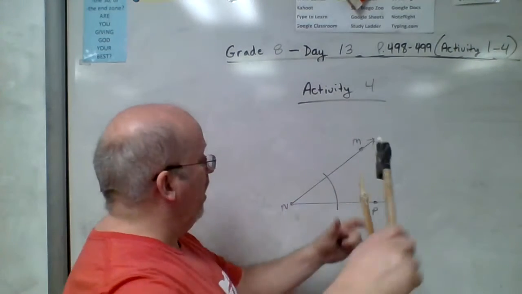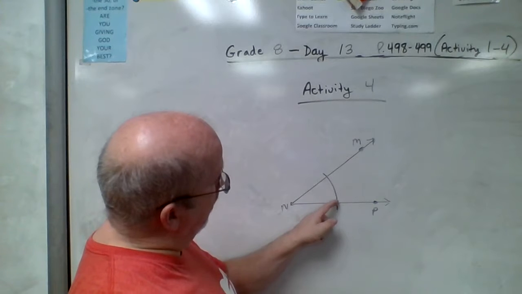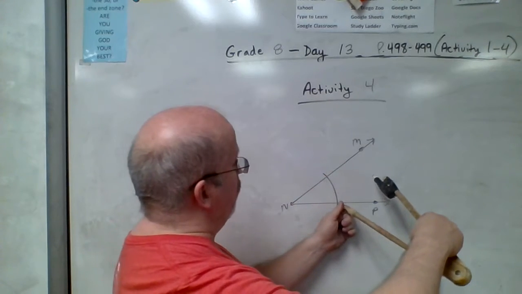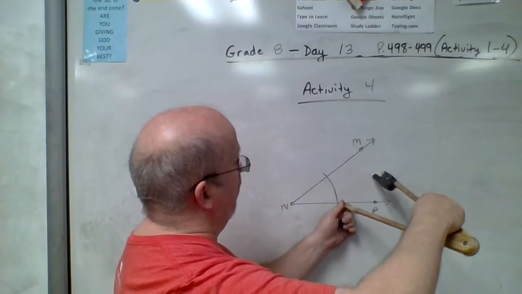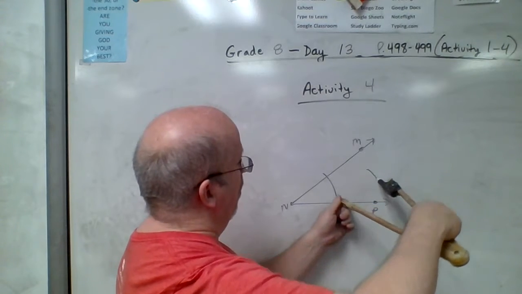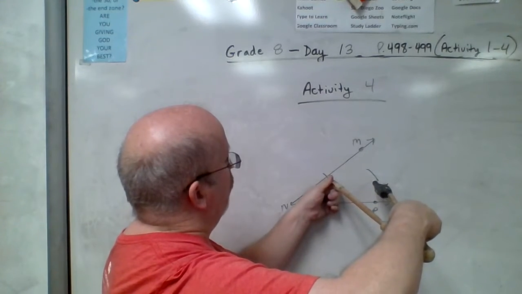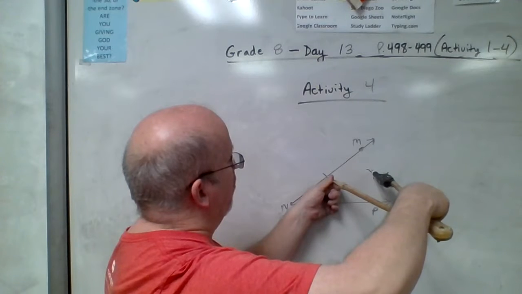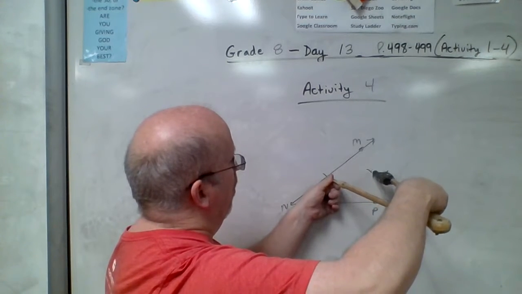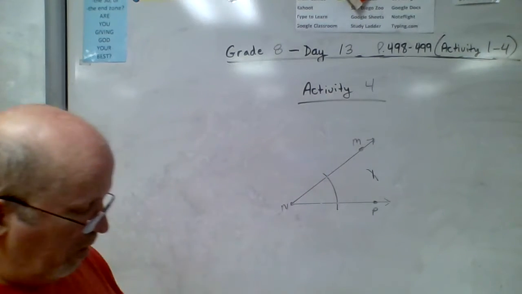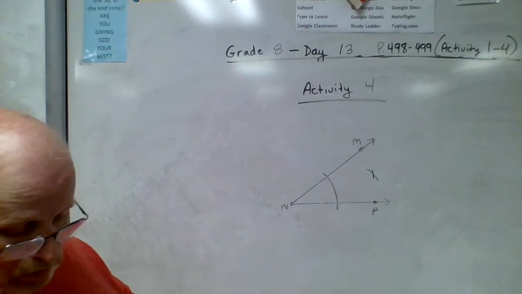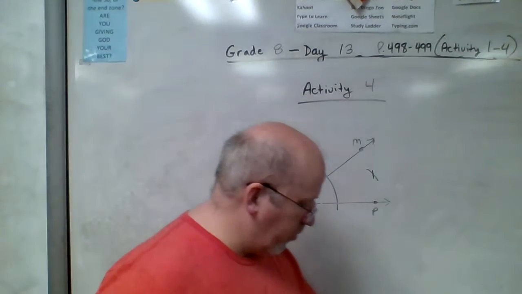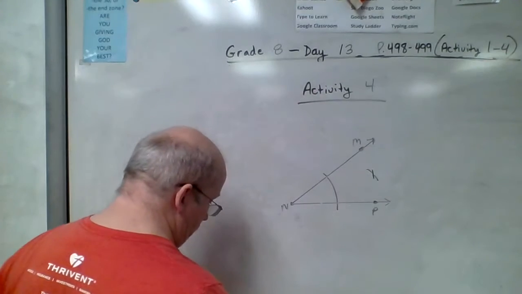I'm going to put my compass point here and draw arcs from those two points. And the arcs should be the same size as best as we can. Now, you will notice we've created an intersection of those two arcs.